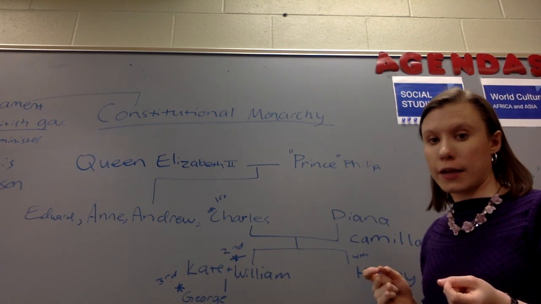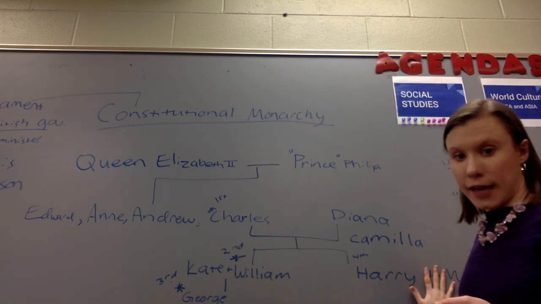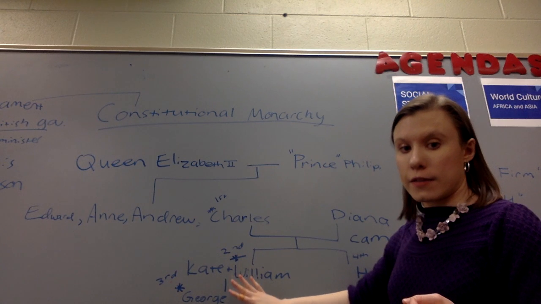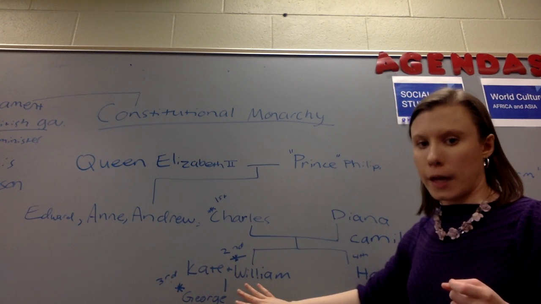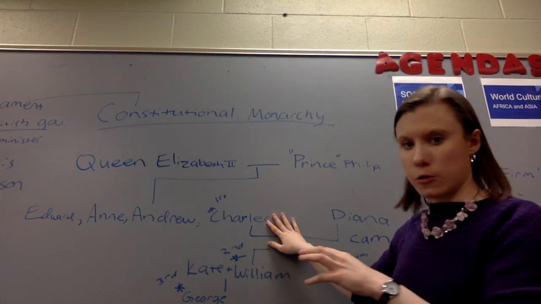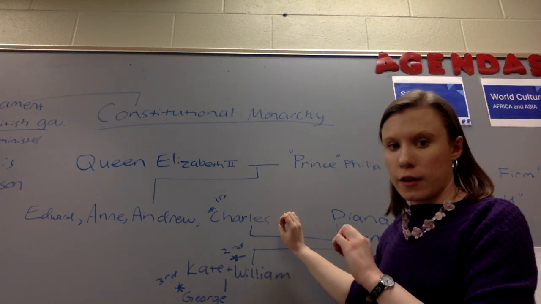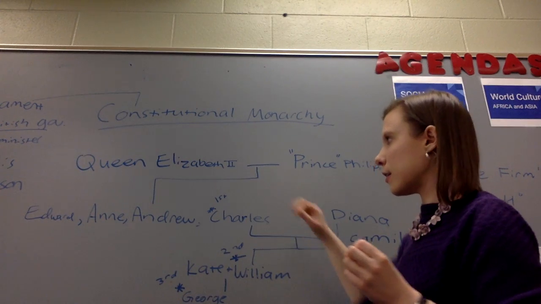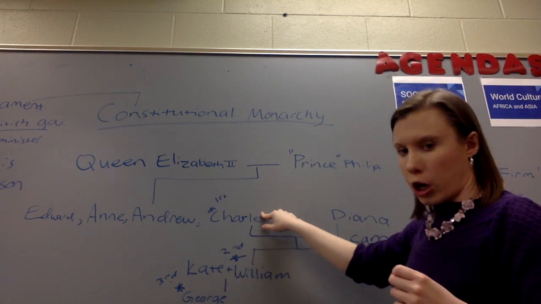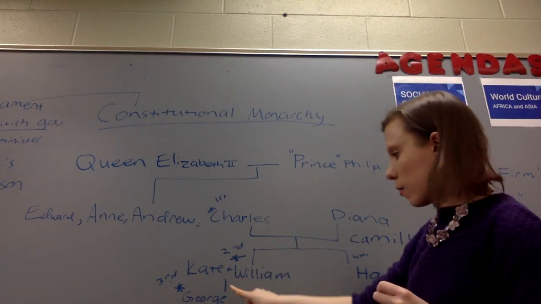And so that's a very big deal to them because that's saying I do not want to be next in line for the throne. So that just basically leaves it to William and Kate to pick up the throne after Charles is no longer able to be the next in line. So basically, if Queen Elizabeth passes away, or when she does, then it'll be Charles, and then it'll be William, and then it'll be George.